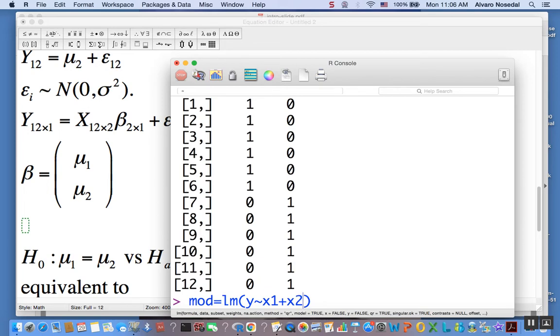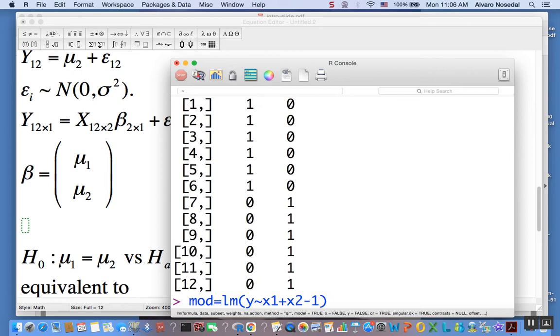Now, note that we don't want a y-intercept. There's no beta 0. If there was a beta 0 here, an intercept, we would have a column of 1s as part of our design matrix, and we don't want that. So to let R know that we don't want a y-intercept, we do this, minus 1.